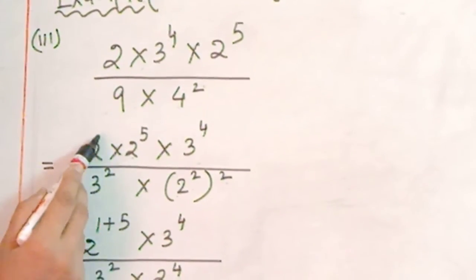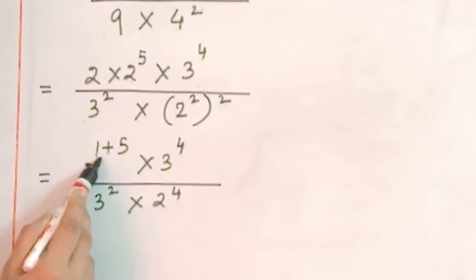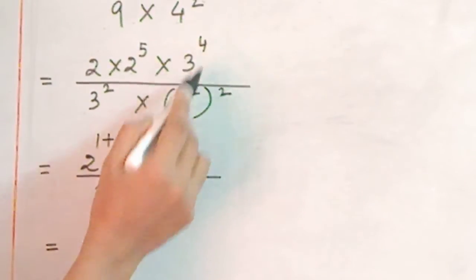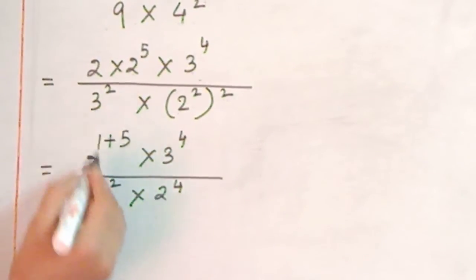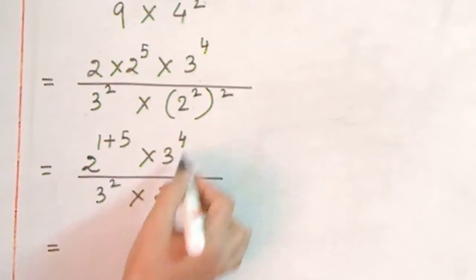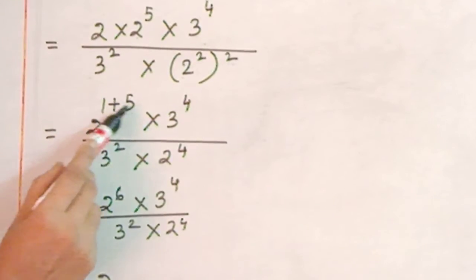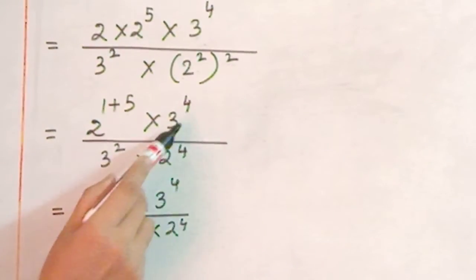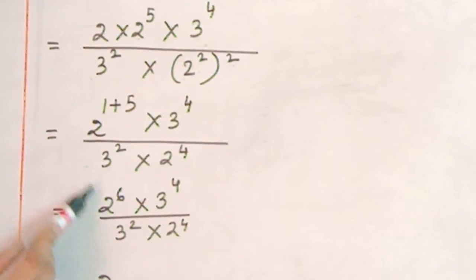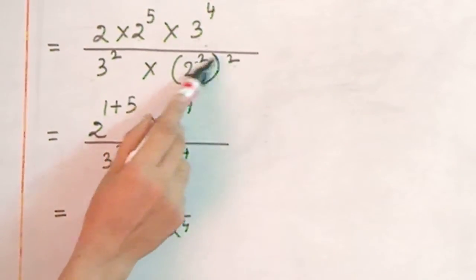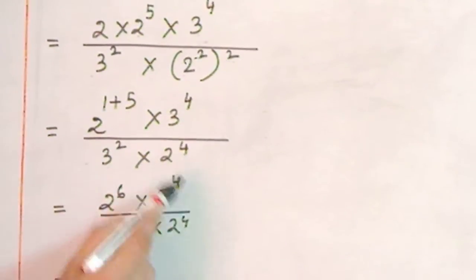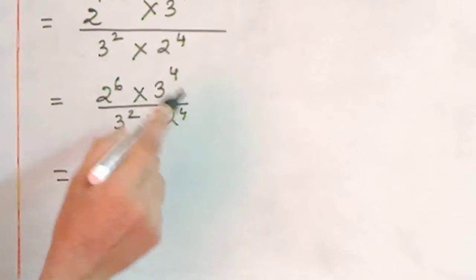Now 2 to the power 1 plus 5 into 3 to the power 4, and in the denominator 3 square into 2 to the power 4. Now 2 to the power 1 plus 5 becomes 2 to the power 6, 3 to the power 4 and 3 to the power 2 into 2 to the 4. Now the sum is in this condensed condition.